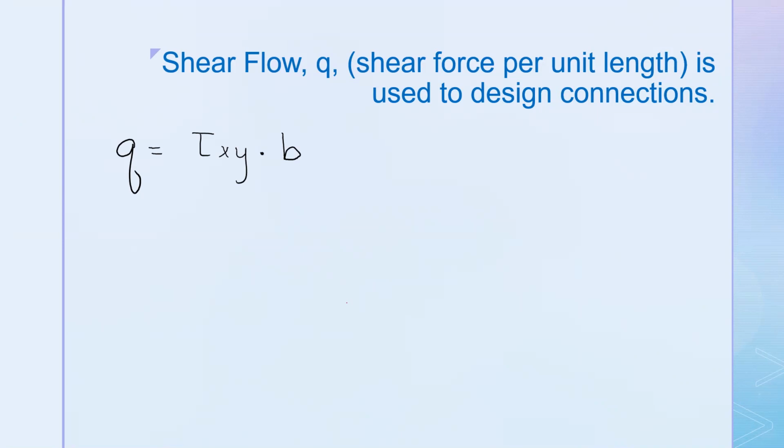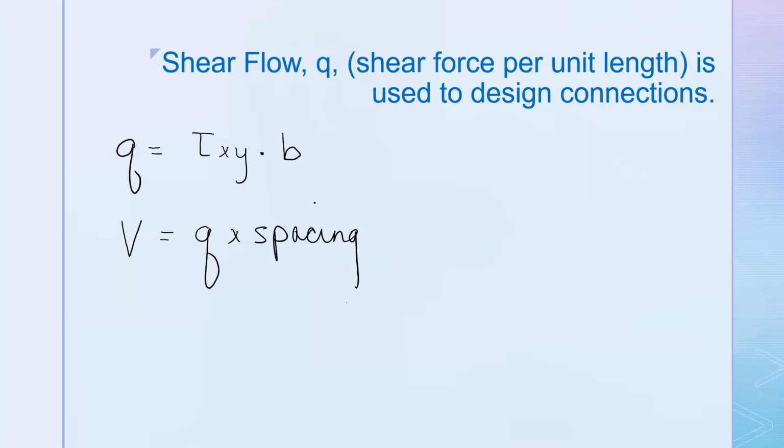And then if you want to know the shear force in a particular connector, you would take your shear flow and multiply by the spacing. And that gives you the pounds of force.